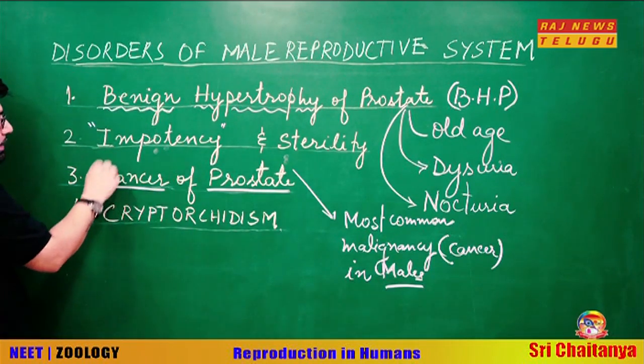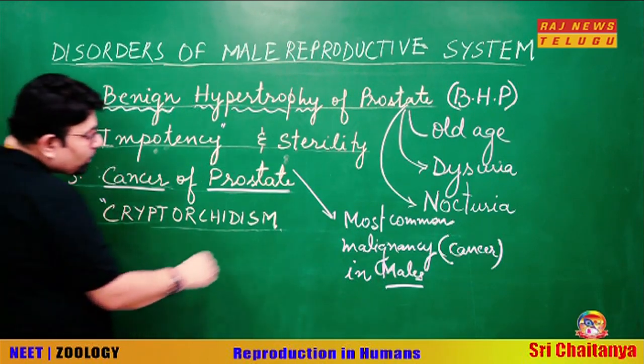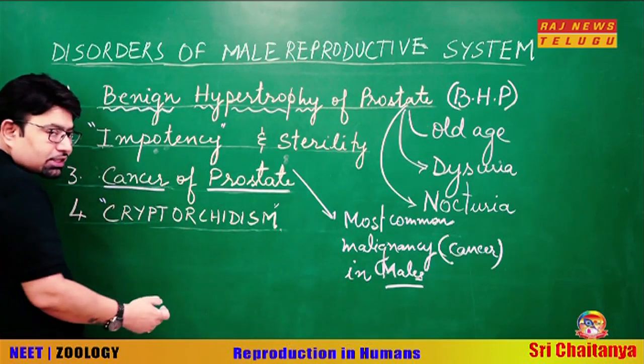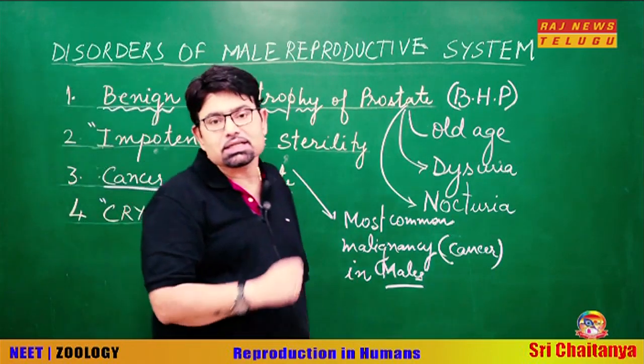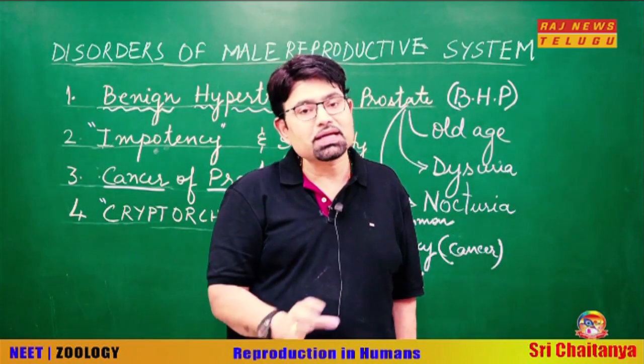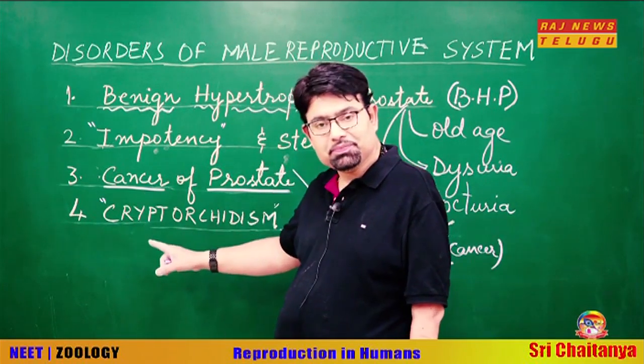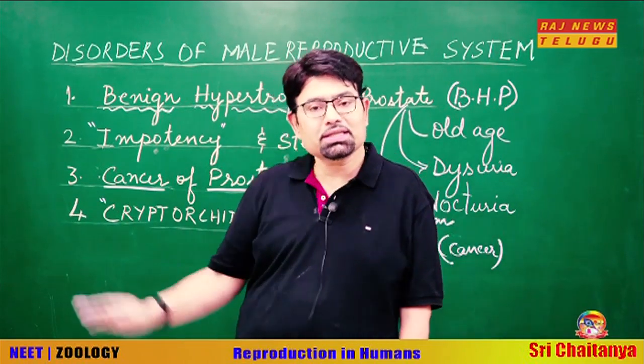So, this one is cancerous, while BHP is benign. Cryptorchidism is a condition of undescended testes into the scrotum. At the time of birth, the scrotum is empty. We have done this cryptorchidism earlier. Hope you have understood all these terms.